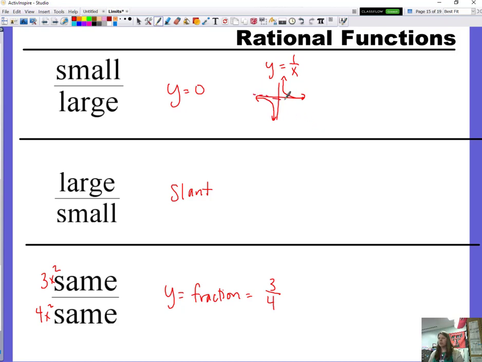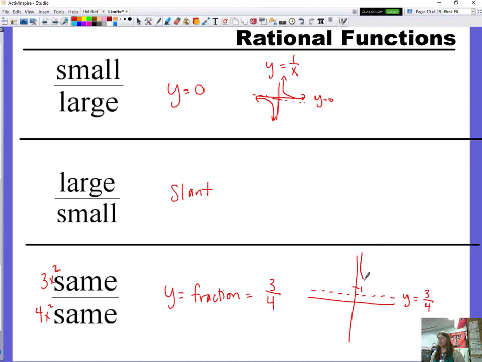Well, the horizontal asymptote here was y equals 0. And so if it's y equals 0, that graph is going to get closer and closer to 0. Whereas if we were to graph an equation that looks like this, that's 1, and then this would be at y equals 3/4.